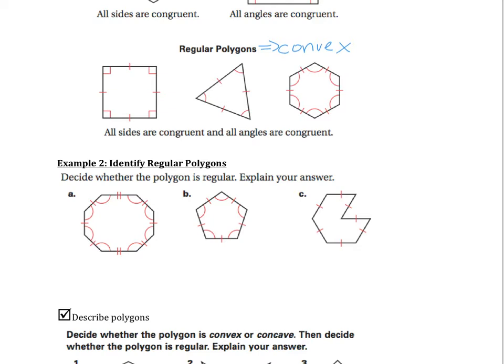Okay, so we're going to classify these, or determine if these are regular. When I look at this first one, I notice there are double lines here and singles here. So this is not equilateral, so it's not regular, but it is equiangular.